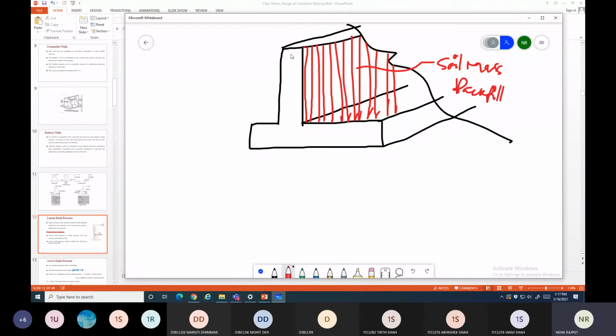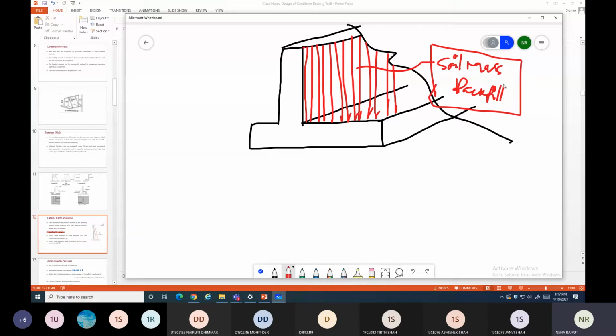Due to the weight of this backfill, because this retaining wall is made to retain this soil mass, once you are obstructing something, that obstruction will give back a pressure value or a force value. So this backfill mass will give pressure on the retaining wall, and that pressure is nothing but the weight applied to the retaining wall itself.